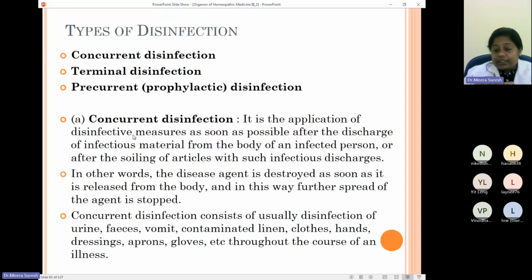So concurrent disinfection is the application of disinfective measures as soon as possible after the discharge of infectious material from the body of an infected person or after the soiling of articles with such infectious discharges. In other words, the disease agent is destroyed as soon as it is released from the body, and in this way, further spread of the agent is stopped.